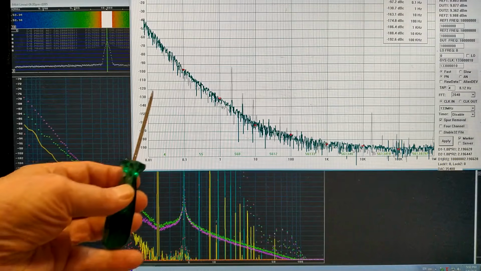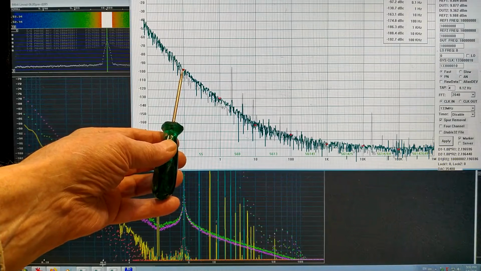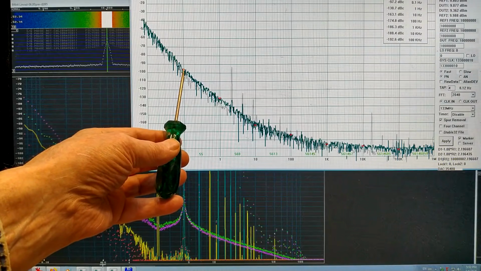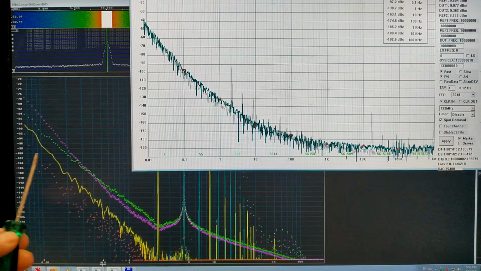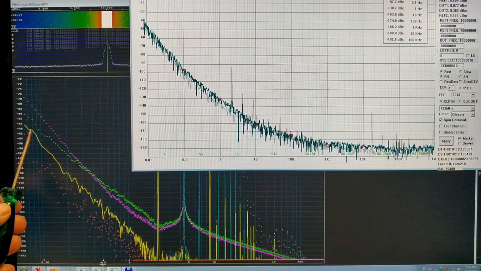At 0.1 hertz, minus 97. That is very good, I think. And here I can see minus 97. And at 0.07, I see 89.